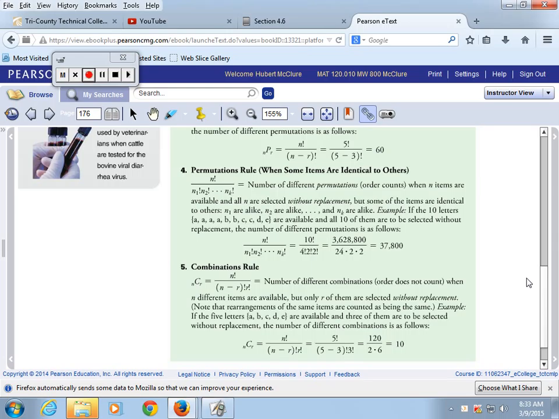Bring it down one click. I think y'all can see it. Here's the permutation. Here's the combination. What's the only difference between the two? The R factorial is where?